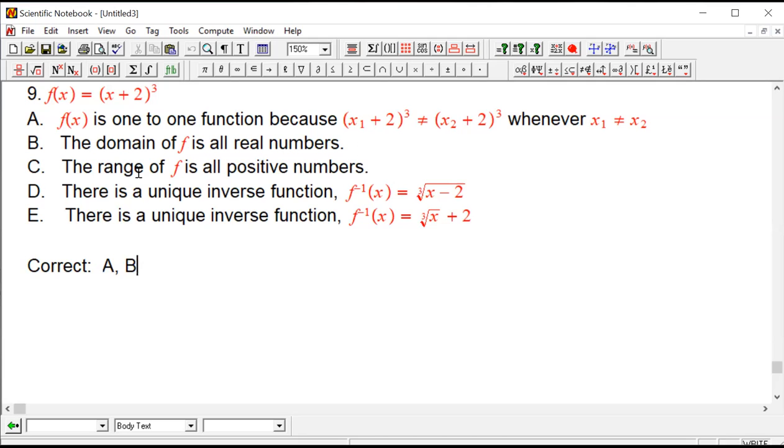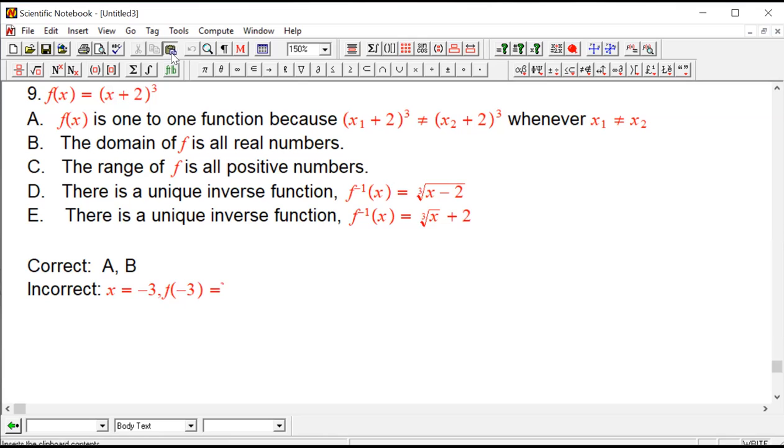Okay, C, the range of f is all positive numbers. That's not necessarily true, right? So why is C not true? Well, if x equals, say, -3, f of -3 would be equal to what?